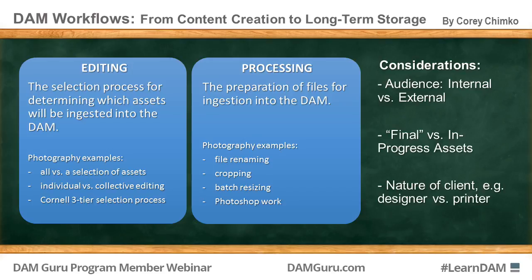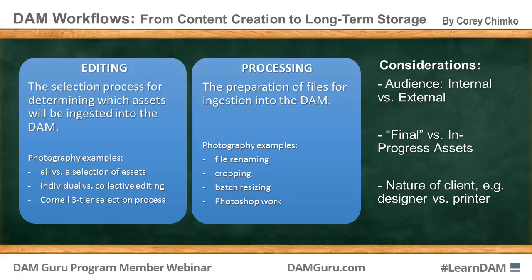Part two of this is processing, which is the preparation of files for ingestion into your DAM. Again, this is going to be different based on what kind of material you're working with. But for photography, we do things like file renaming. We have a system of file naming so that you can tell when and where an image has been taken.